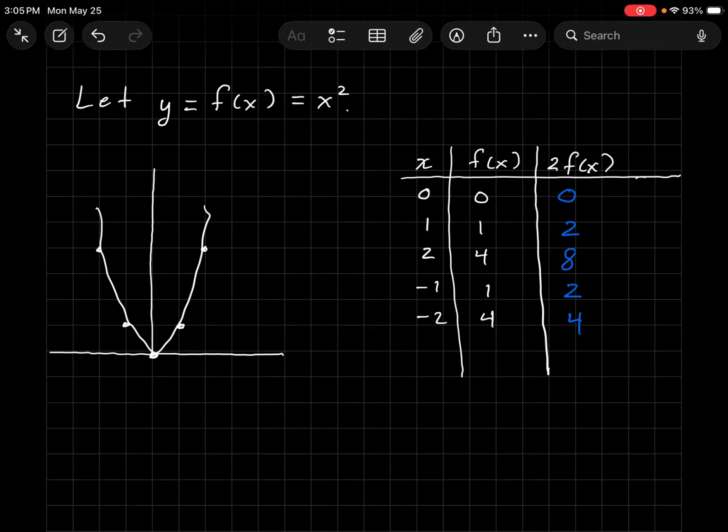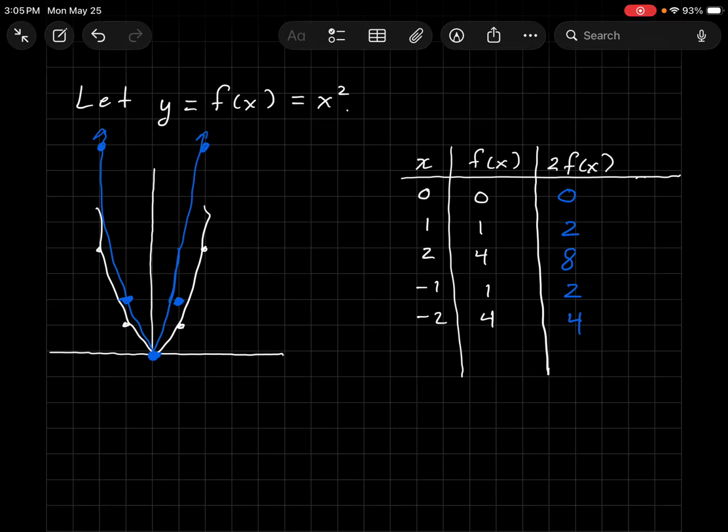And so if we plot these points, notice that my vertex, kind of my starting or my center point, doesn't change. But these other values do change. And if I were to connect the dots now, like this, notice what we have. Sometimes we call this a vertical stretch.